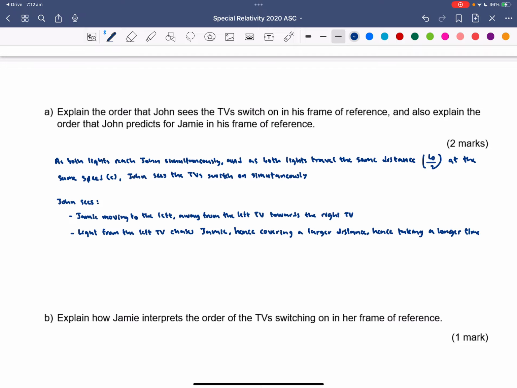At the same time, light from the right TV basically collides into Jamie. If it collides into Jamie, it covers a smaller distance, and hence takes a shorter time.